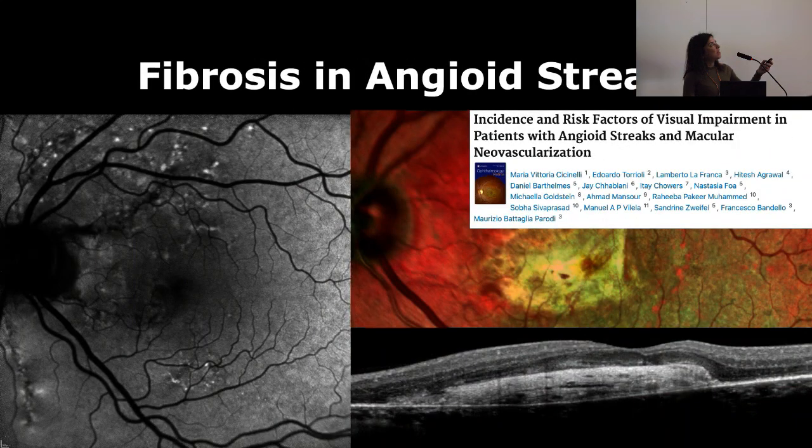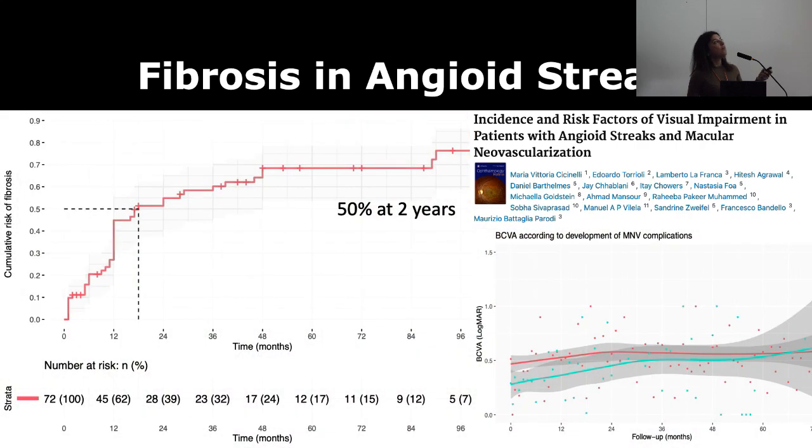And we did the same for another rare type of disease: macular neovascularization associated with angioid streaks. This was again a multi-center collection of data. And here is the other example. This was much more aggressive than AMD. At 2 years, more than half of the patients had developed fibrosis.